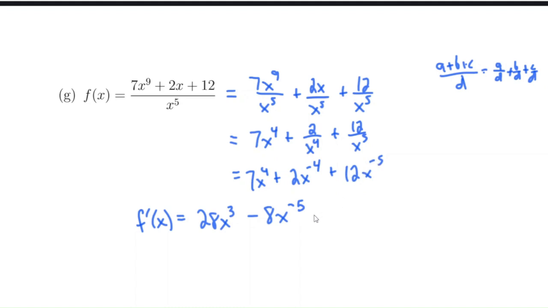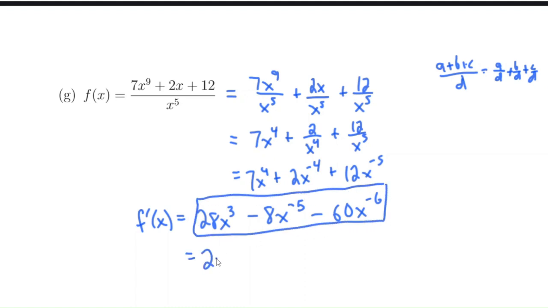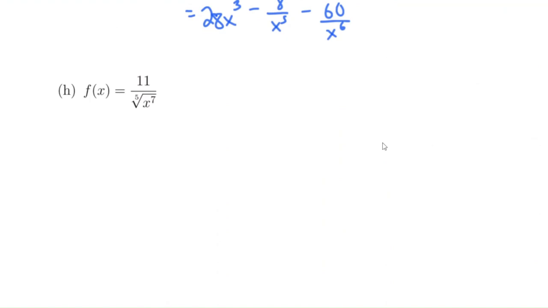And then we get minus 60x to the minus sixth power. Okay, so this is our answer. And again, you could rewrite this as 28x cubed minus 8 over x to the fifth minus 60 over x to the sixth.